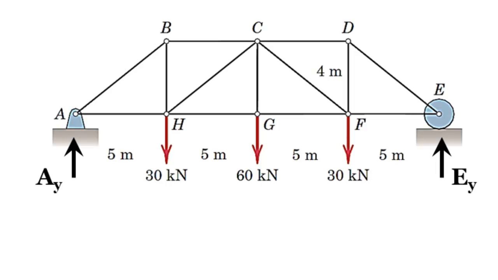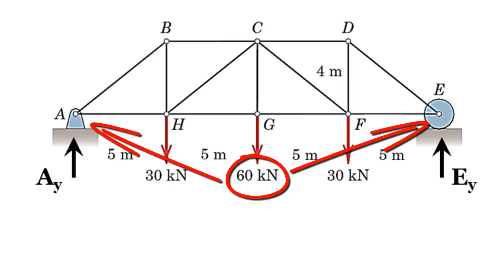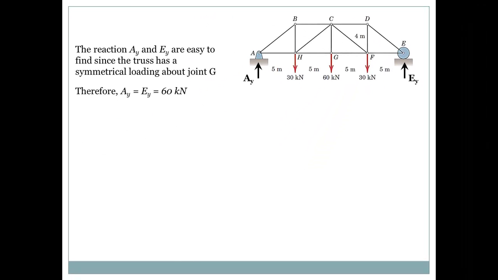So you can think of the 30 kilonewtons on the left as carried by support A, and the 30 kilonewtons on the right as carried by support E. And the 60 kilonewtons is divided equally between supports A and E, so you end up having AY equals EY equals 60 kilonewtons. Now let's slice the truss.